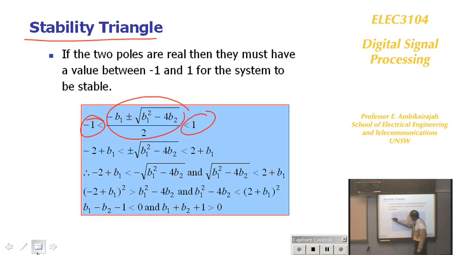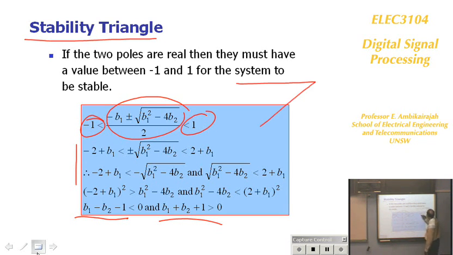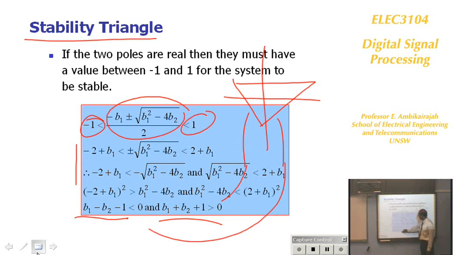You just simplify this equation. You will show one straight line, then the other straight line of the triangle. That equation is given here and here. That's all. You need to know how to prove these boundary lines, okay?